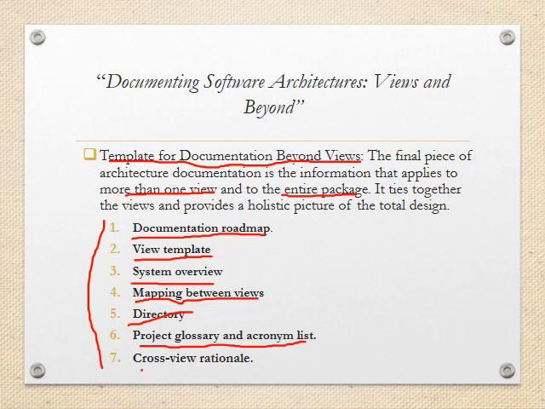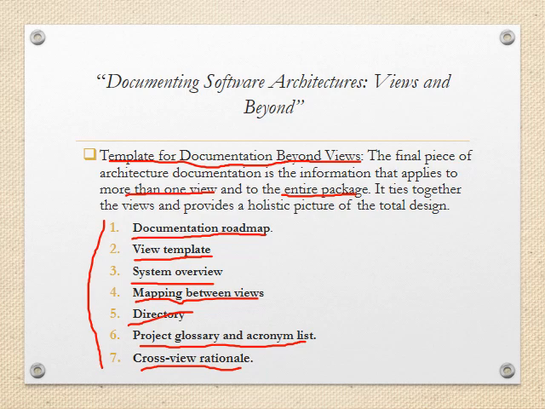Number 7, cross-view rationale. This section documents the reasoning behind decisions that apply to more than one view. Prime candidates of the cross-view rationale include documentation of background or organizational constraints that led to decisions of system-wide import.